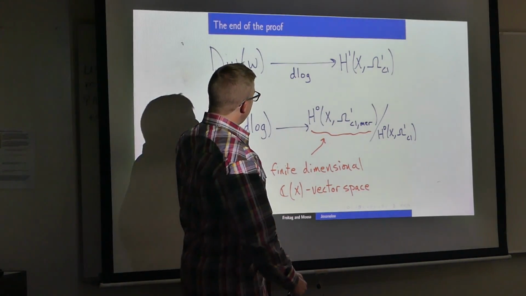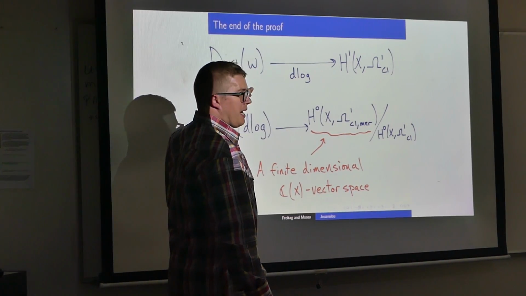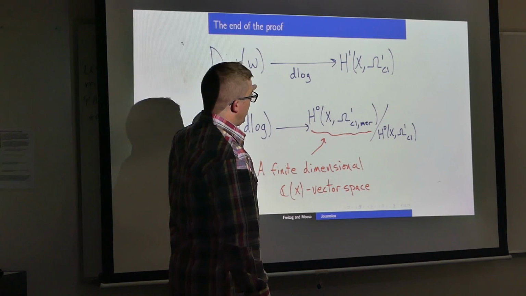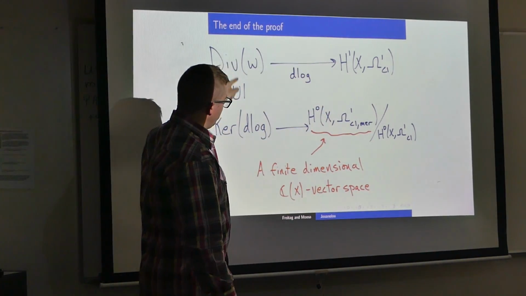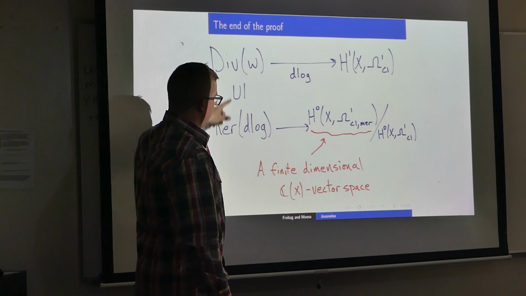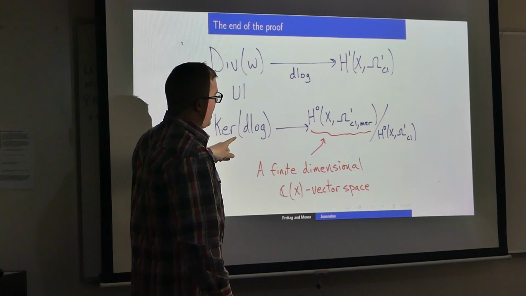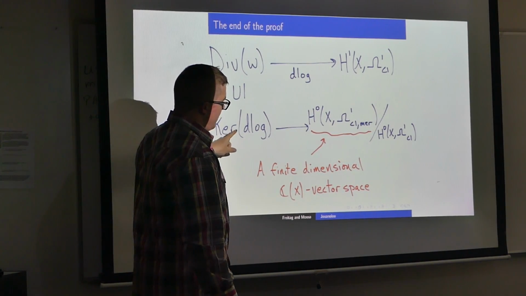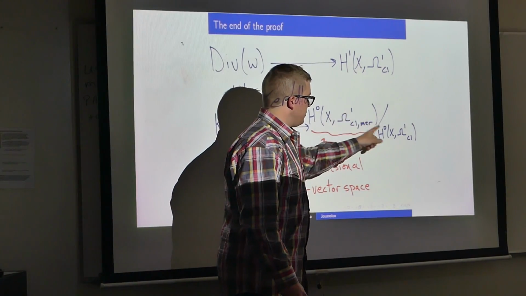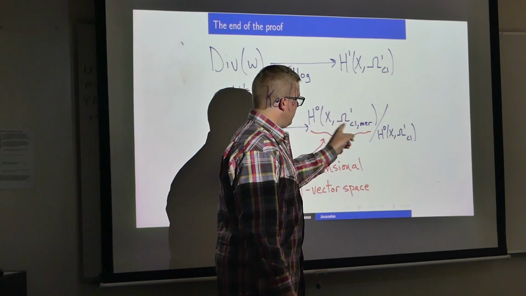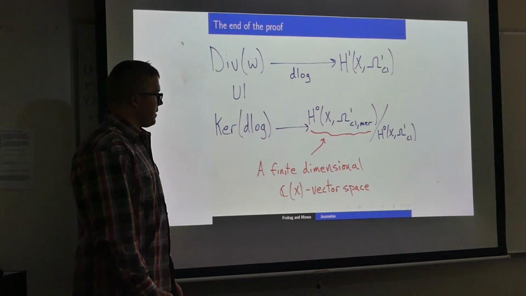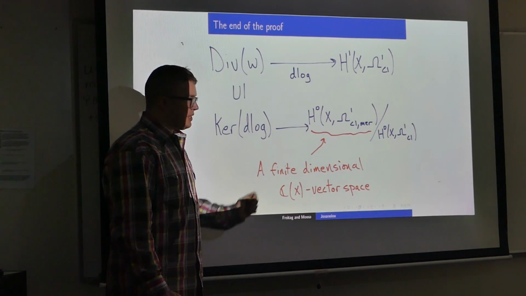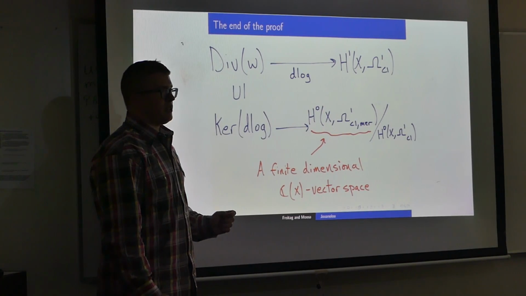We have the space of all solutions to omega, all the divisors that solve omega. Here's a finite dimensional C vector space. If we want to show this is finite dimensional, we can restrict to the kernel of this map here. Now, this is not a finite dimensional vector space over C. This is the space of meromorphic one forms. But it is a finite dimensional C(X) vector space.